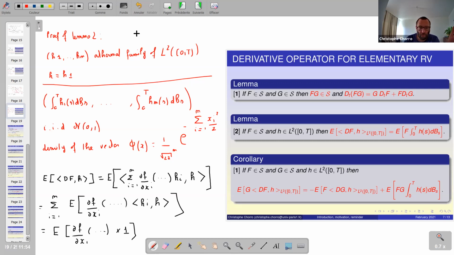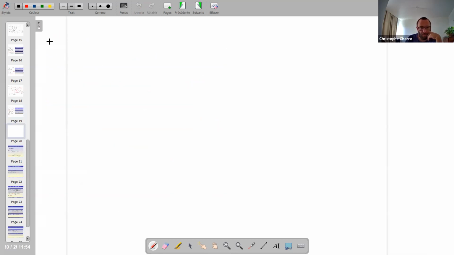So I repeat: I have the expectation of D of f h, which is just equal to the expectation of df over dx1, with the Wiener integrals inside.